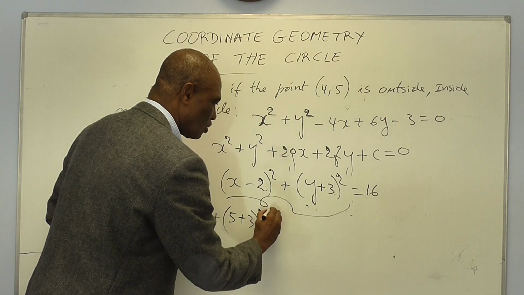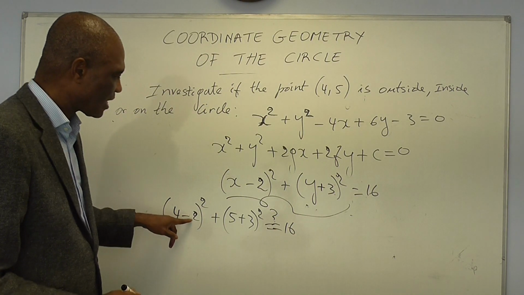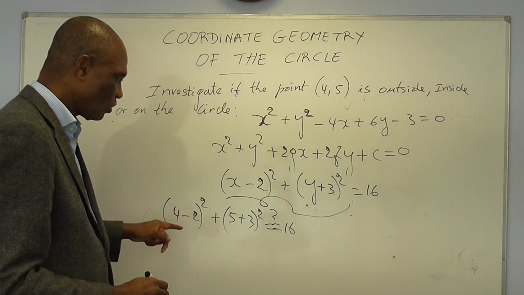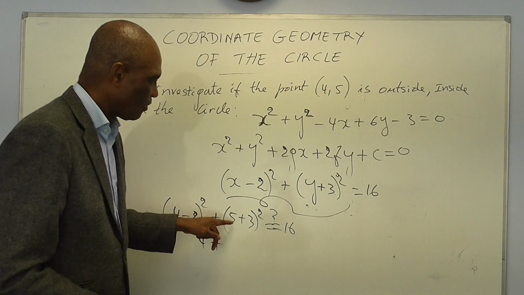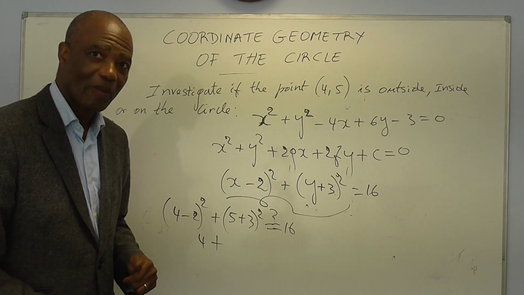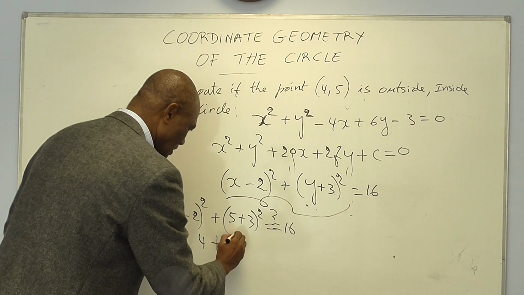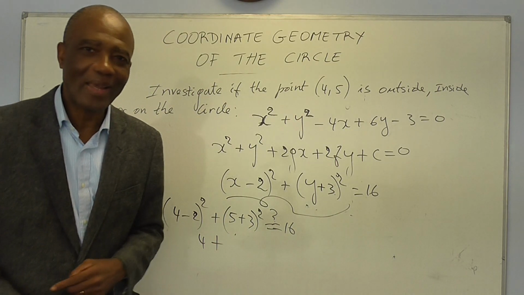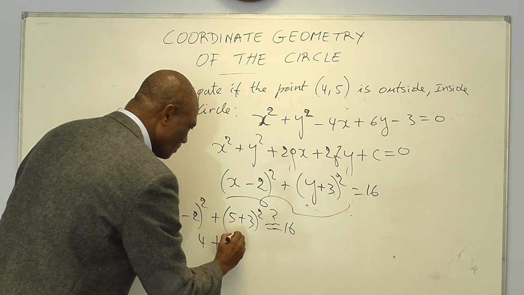Is it equal to 16? I don't know. 4 take away 2 is 2. 2 squared will give 4. 5 plus 3 is 8. 8 squared will give, sorry, 64.